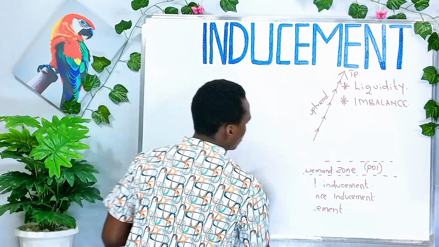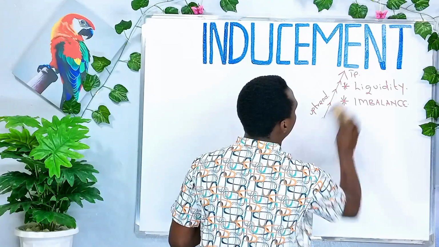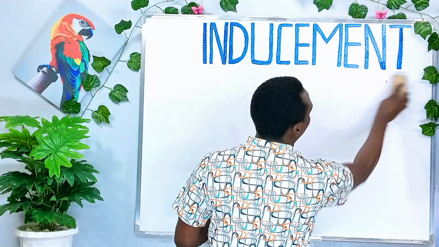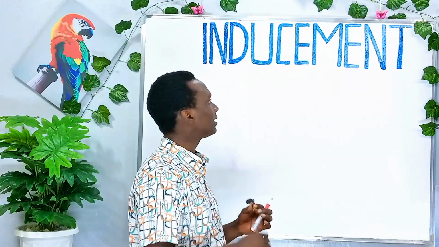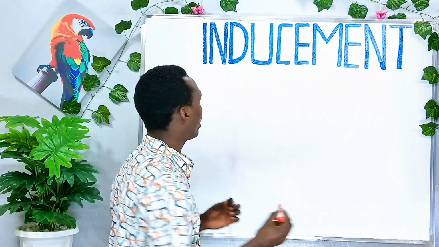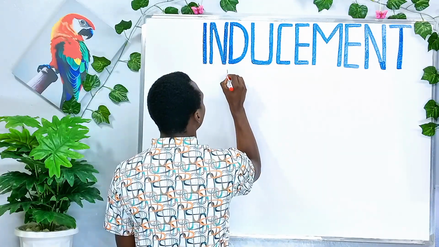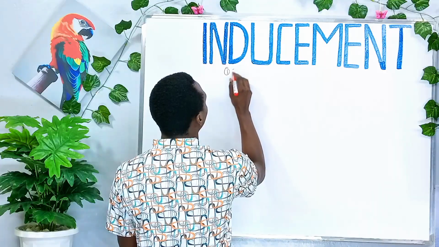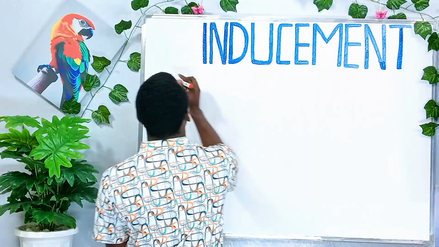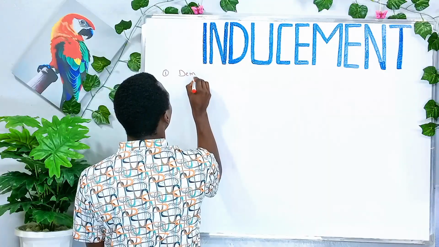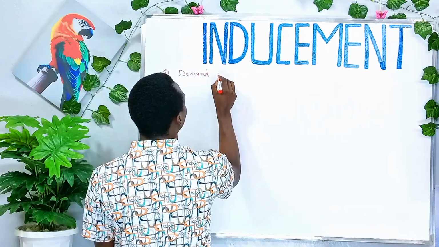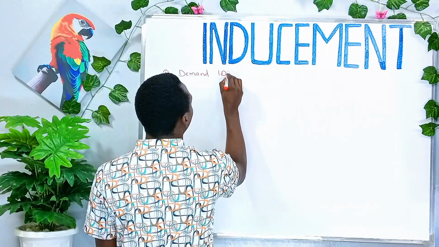Okay, so when we say supply and demand inducement, supply inducement happens on a downtrend while demand inducement happens on an uptrend. So at number one, we are talking about demand inducement, IDM.